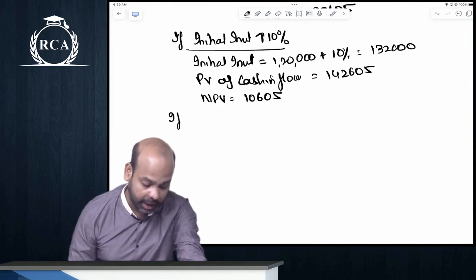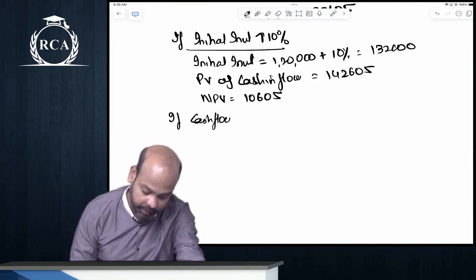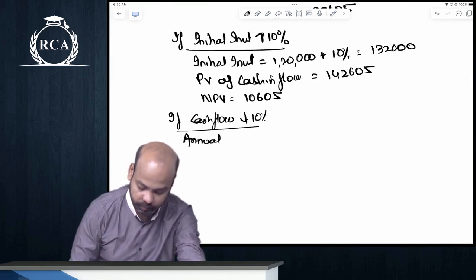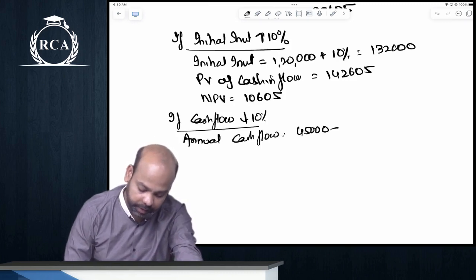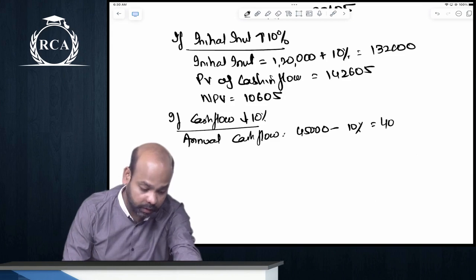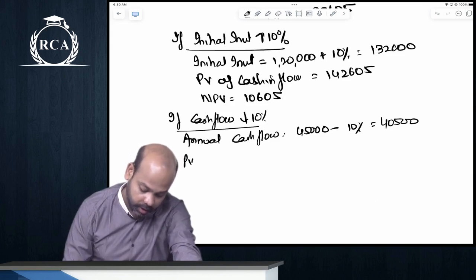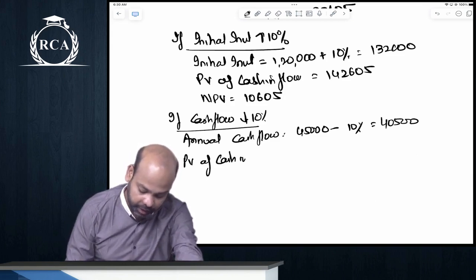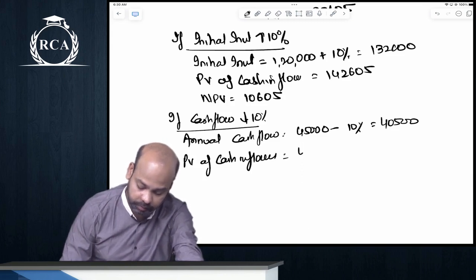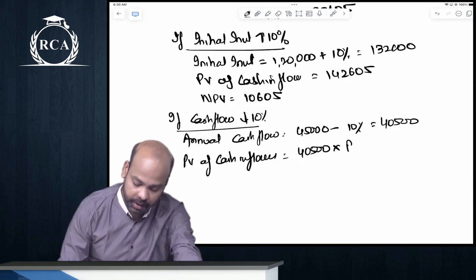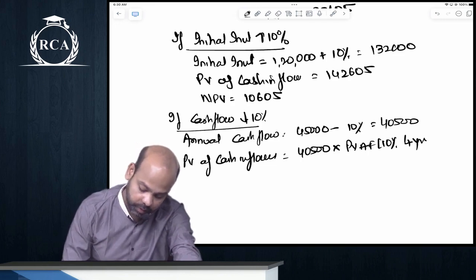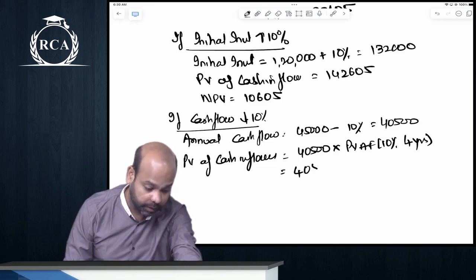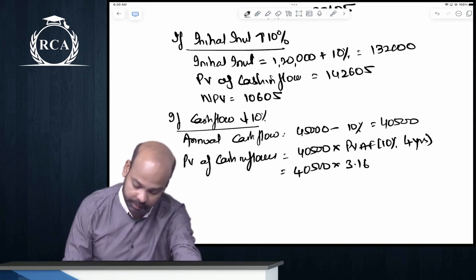Next, beta, if cash flow decreases by 10%, what will be your annual cash flow? Annual cash flow will be 45,000 minus 10%, 40,500. Your present value of cash inflows, beta, will become 40,500 into PVAF at 10% for a span of 4 years, which is 3.169.